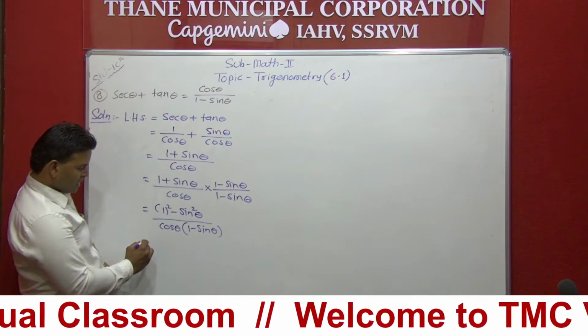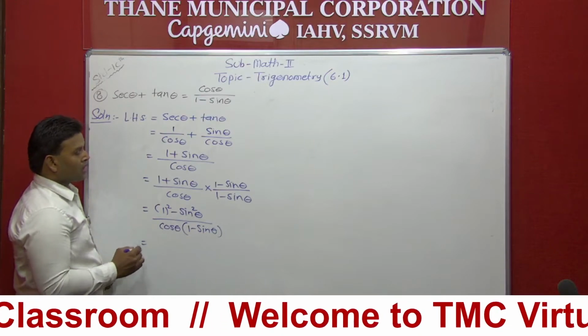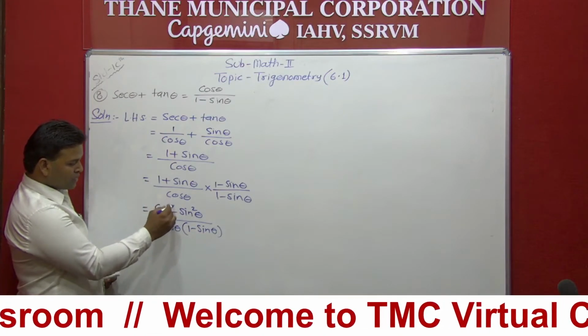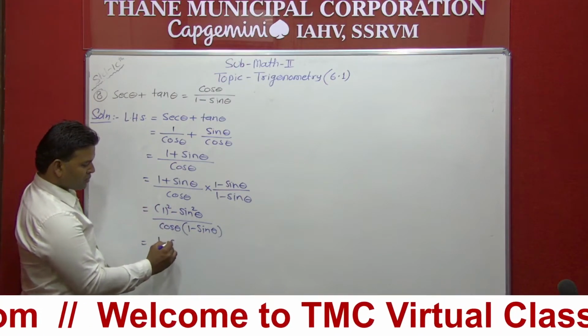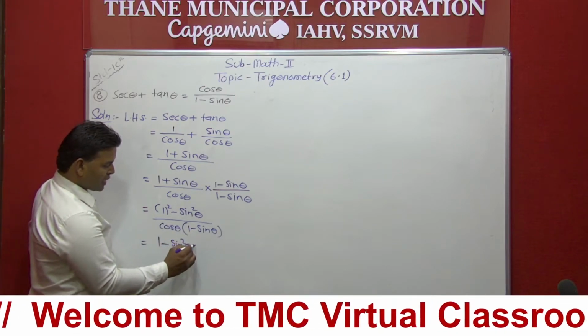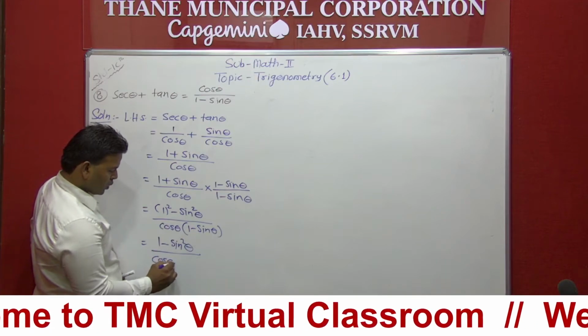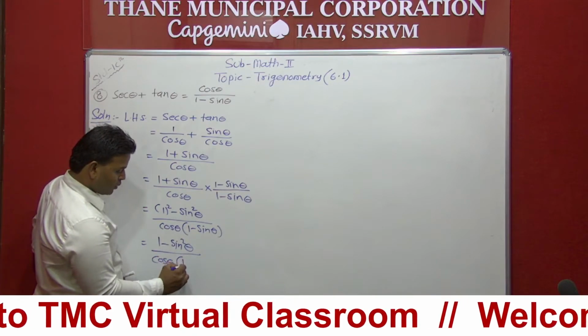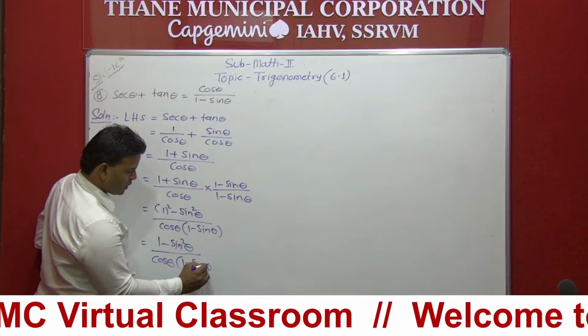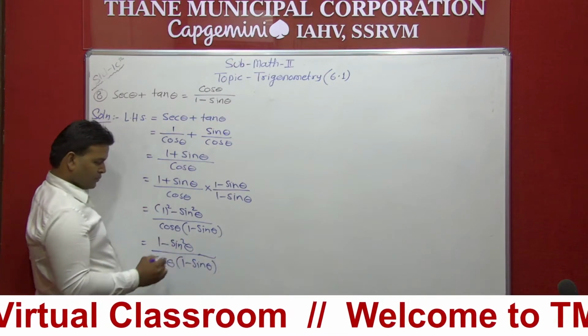Okay, now the next step is: now see, this 1 square is 1, minus sin square theta upon cos theta upon bracket 1 minus sin theta.